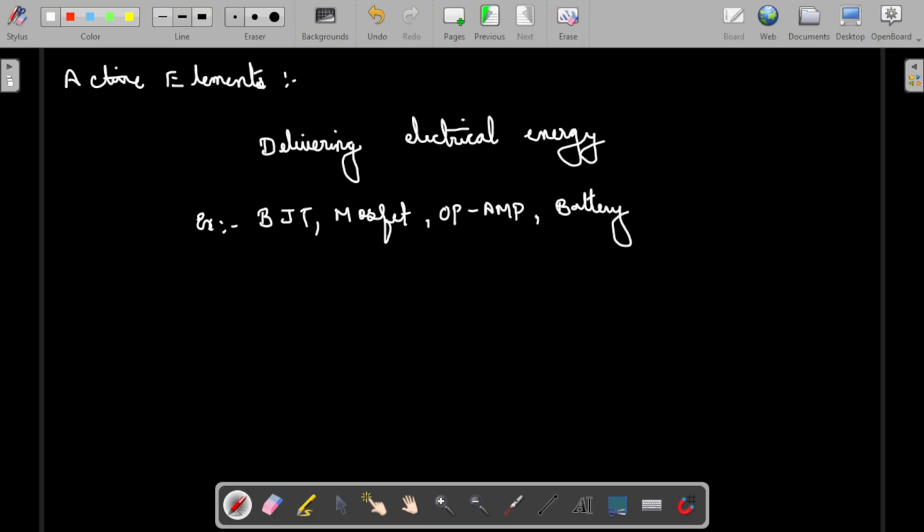Okay. So what you mean by passive elements is that the element that absorbs the electrical energy.